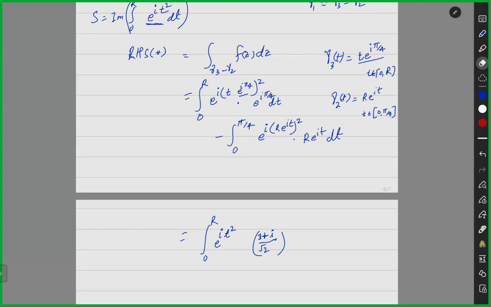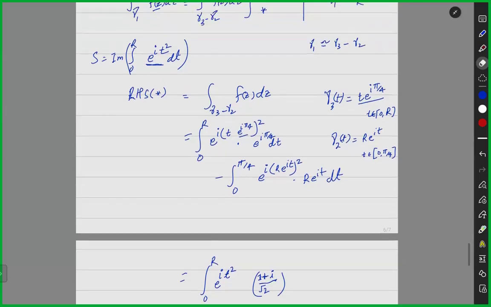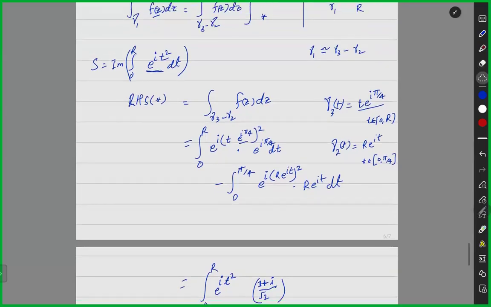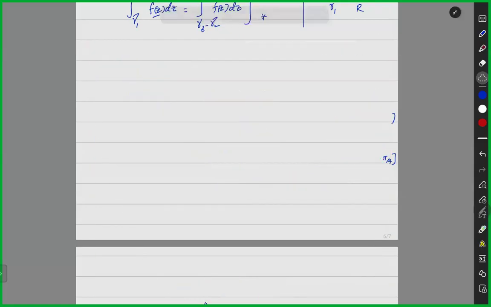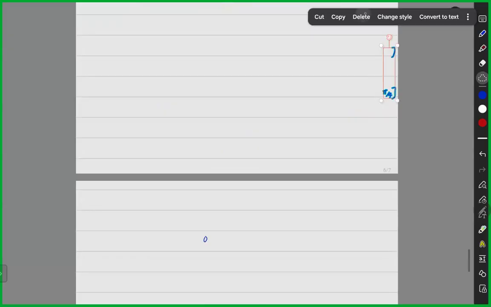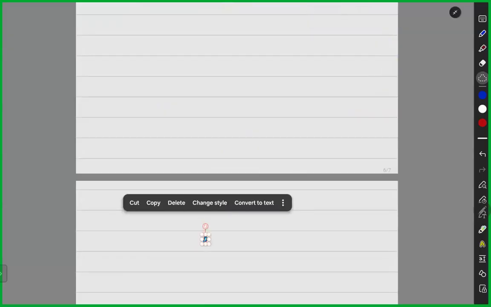Okay, so we are leaving it here. Let me delete this part because we are just using something which is done in the classroom. So no need to write once more.